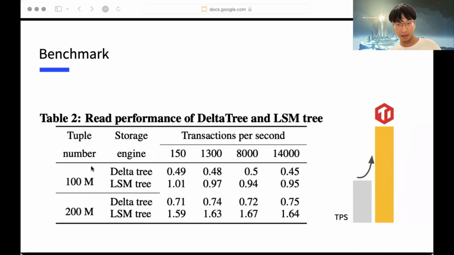As you can see, across different numbers of tuples, our transactions per second result is very great compared to our first design. We usually have double the performance with our new design. So this is the storage engine we specifically built for our high write frequency and update workload.